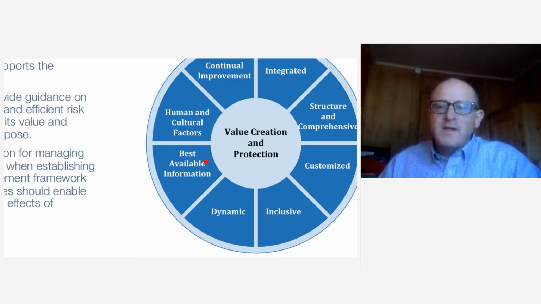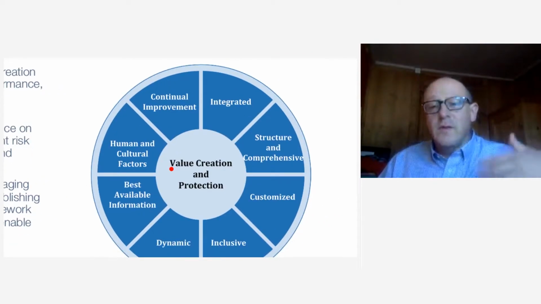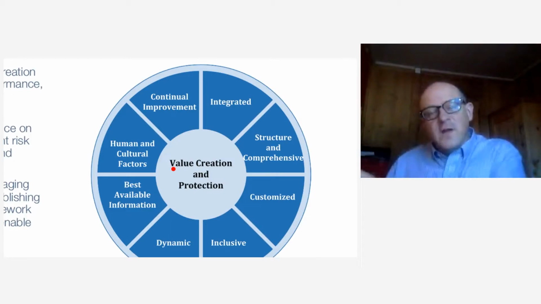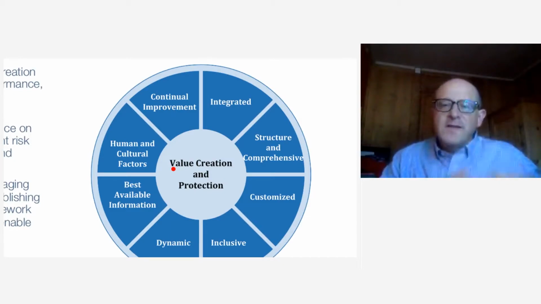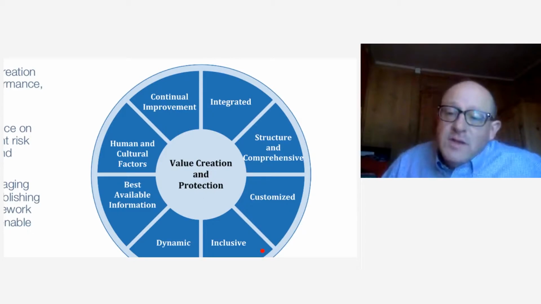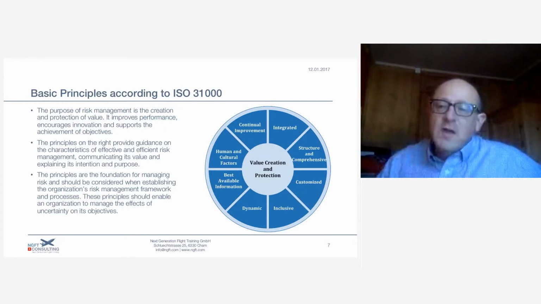It uses the best available information, and it incorporates also human and cultural factors. Finally, it's continual improvement. Now, those are a lot of factors that we already have set into our safety management system, and also in continuous improvement, typically associated with management systems. But here we have this clear focus on value creation and protection, looking at these areas.